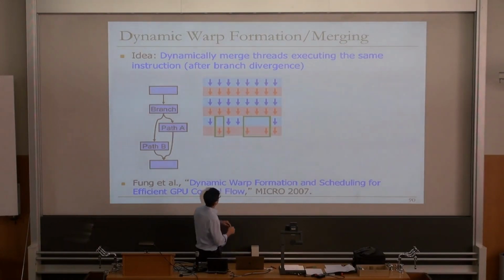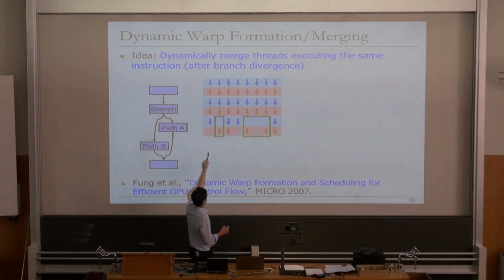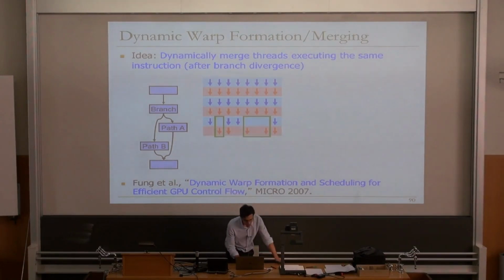Observe here in this case, for example, we have a path A for warp 0 and a path A for warp 1. We see that we can form a new warp here because we can merge threads from warp 1 and move them to the slots that are available in warp 0, but still we have the problem that some threads overlap. Because some threads overlap, we will still need to execute 2 warps.